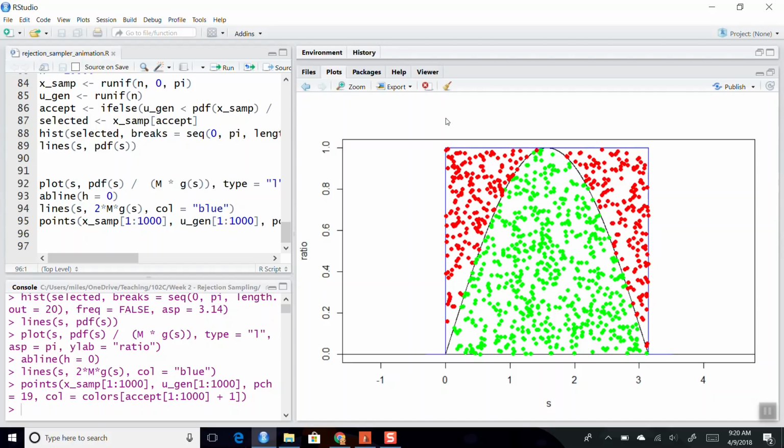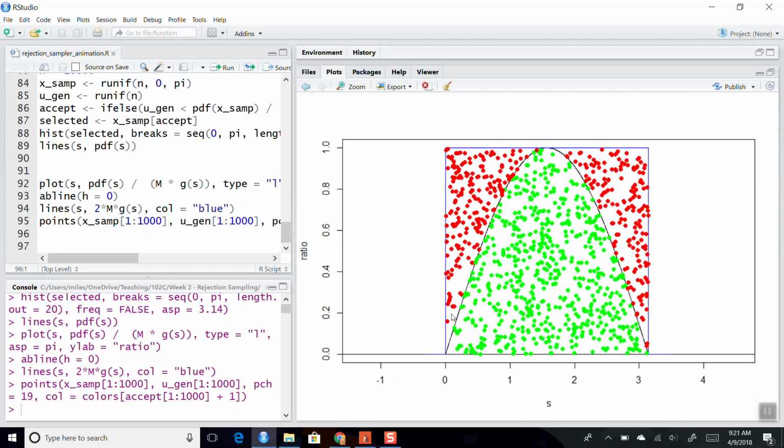And so sometimes you might propose an x near 0. That's going to happen with equal probability as proposing a value near pi. You might propose a value, but then when you generate the value between 0 and 1, you end up rejecting it. So you end up throwing away quite a few samples using rejection sampling, and we'll talk about this.